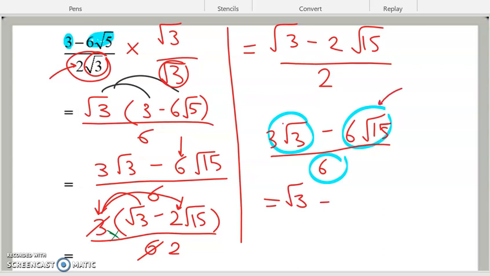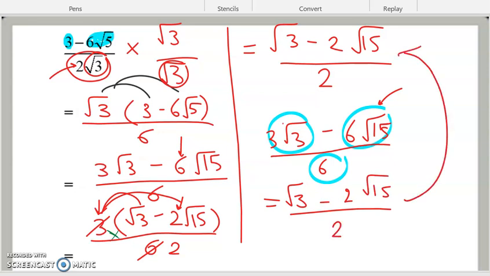If I divide this term by 3, I get 2 root 15. And if I divide the denominator by 3, I'll get 2, and it produces the exact same result that I got before. So it doesn't matter really which method you want to use. I think both are fine, just as long as you understand exactly what I'm doing in both. All right, that's all.